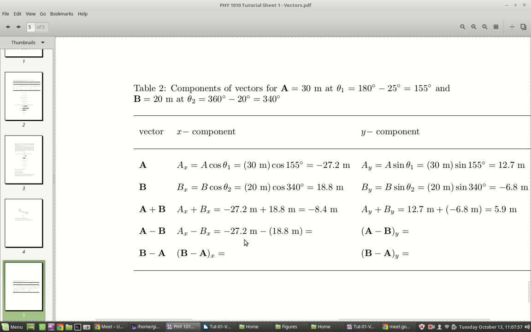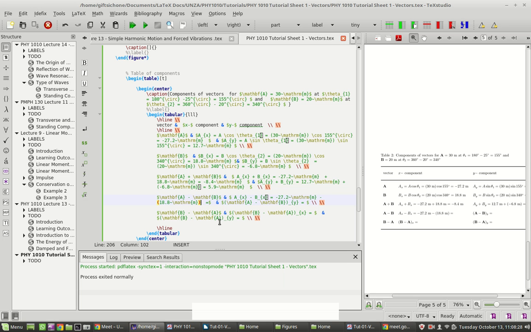Ax is minus 27.2, bx is 18.8. So minus 27.2 minus 18.8. How much is that? Negative 46 meters.